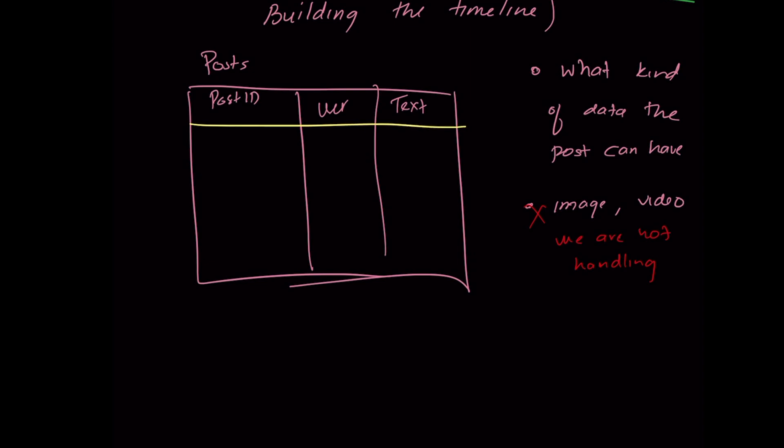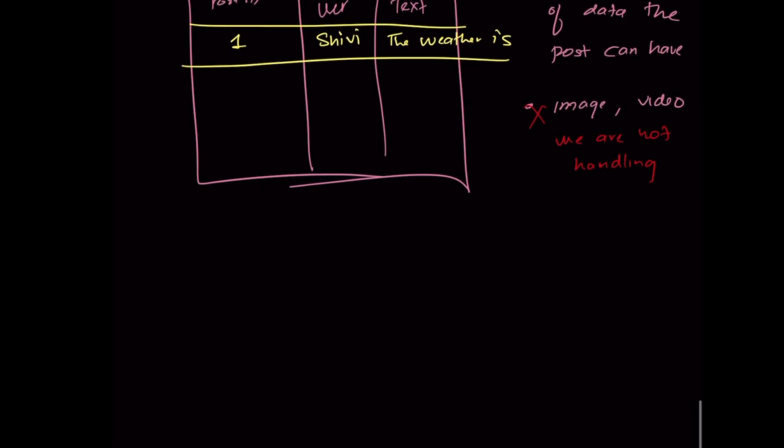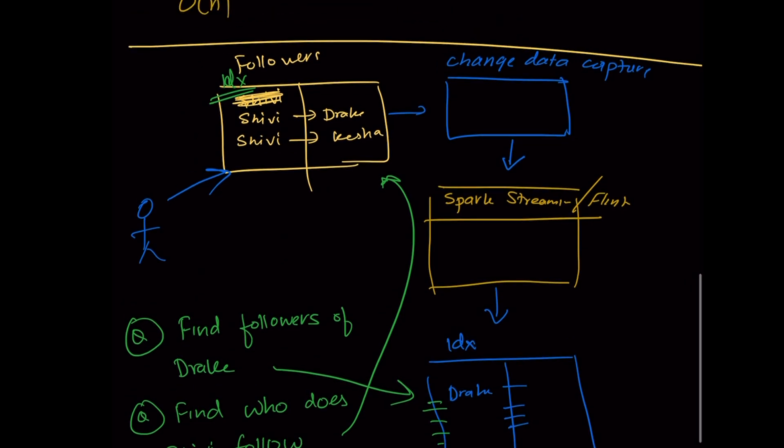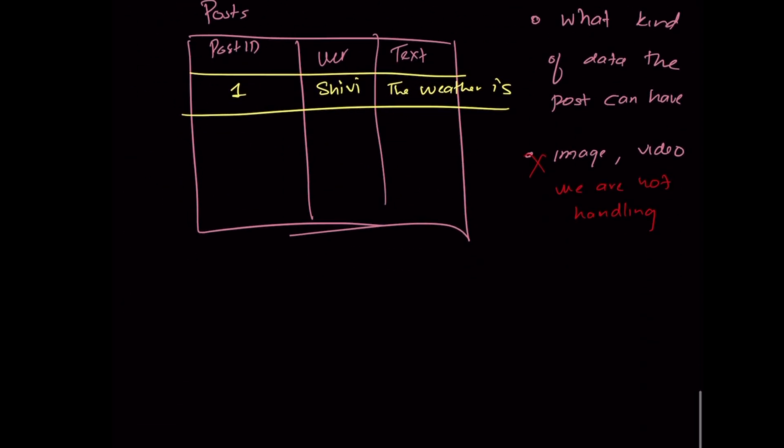Okay, so now whenever a user comes in, they make a post, say Shivi, and she says the weather is beautiful, whatever. Okay, and now if I had to make a timeline for Shivi, or a follower of Shivi, what would I do?